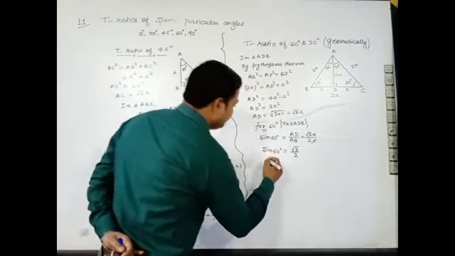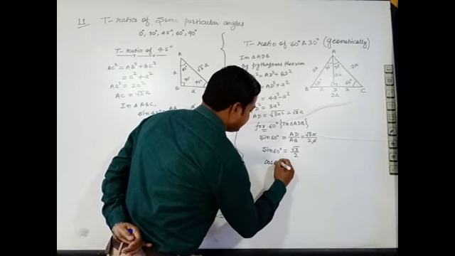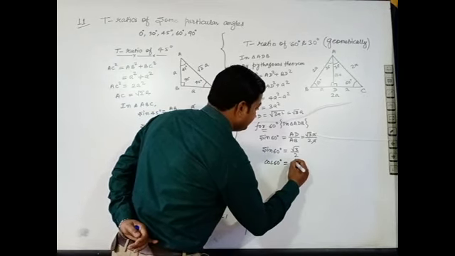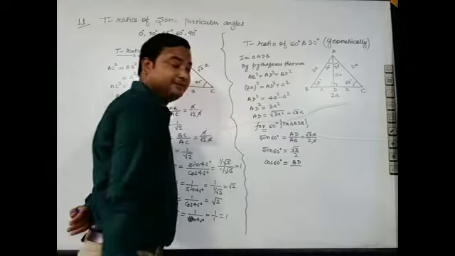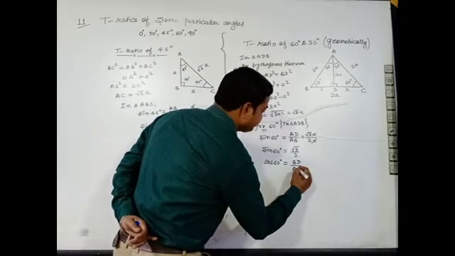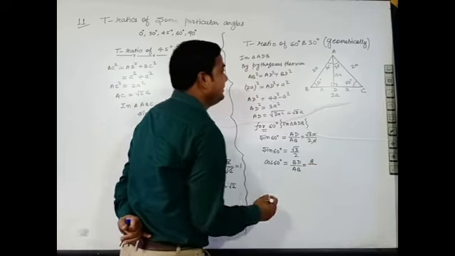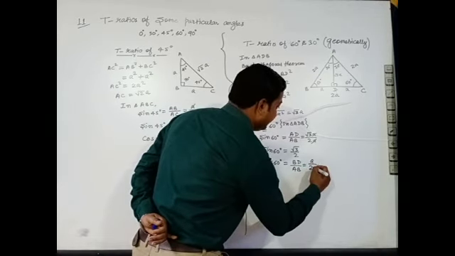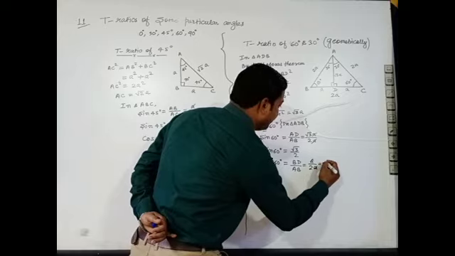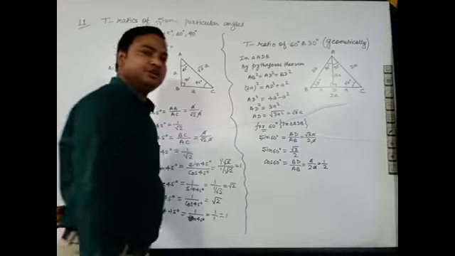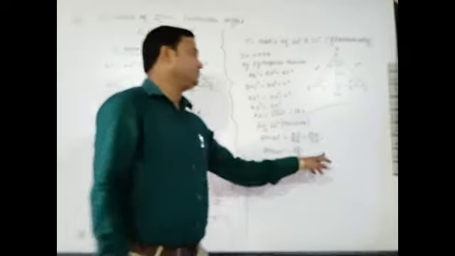Now same case, cos 60 equals base by hypotenuse, BD by AB. The value of BD is A, and AB is 2A. A cancels, then cos 60 equals 1 by 2.